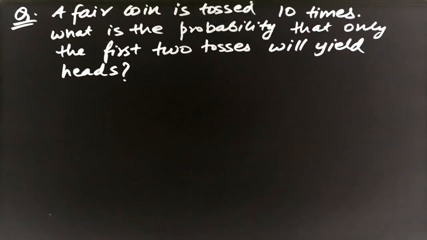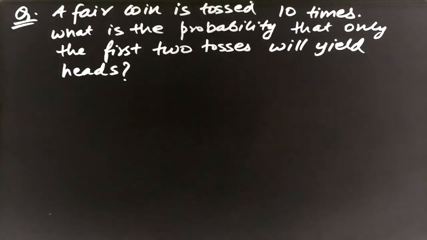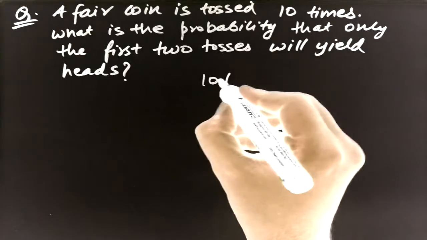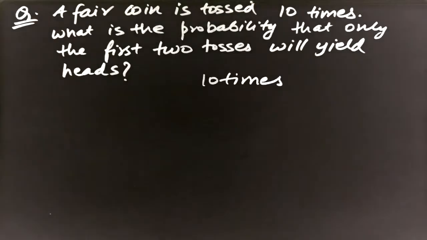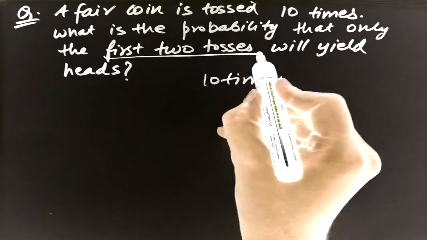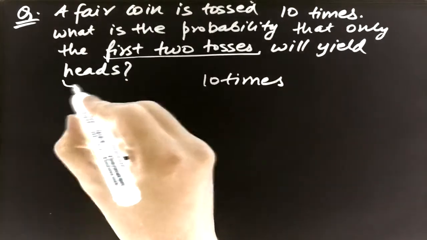So this is the next question. It says a fair coin is tossed 10 times. What is the probability that only the first two tosses will yield heads?